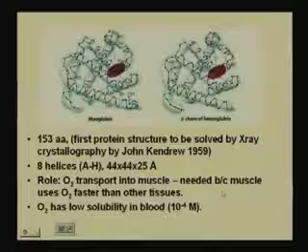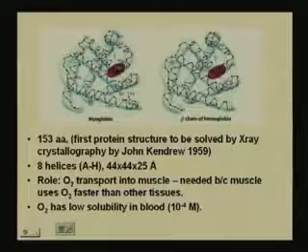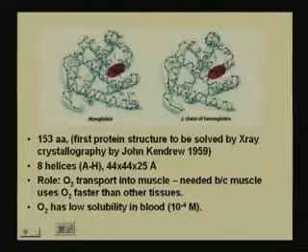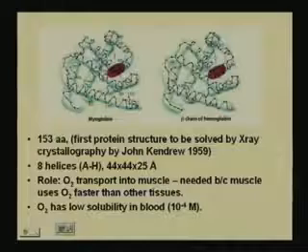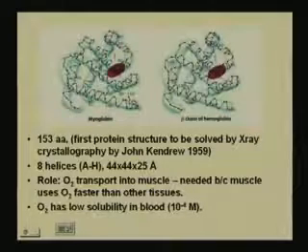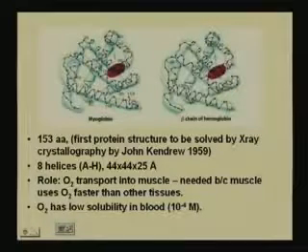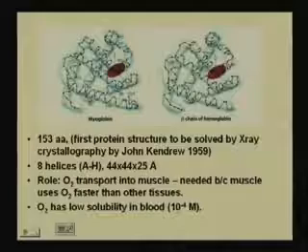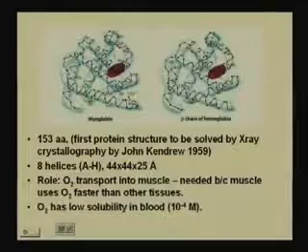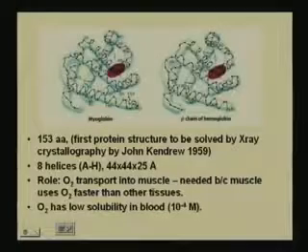It is needed because the muscle is going to use the oxygen much faster than the tissues or the lungs, because the lungs are always getting a supply of oxygen, but the tissue is using up the oxygen. Okay? So myoglobin is present more in the tissues. Why? So that it can provide the oxygen that is required.